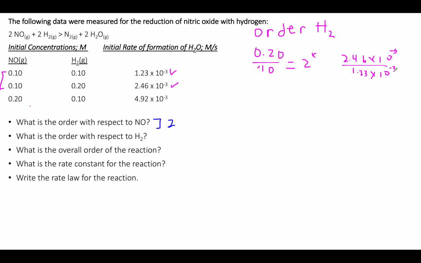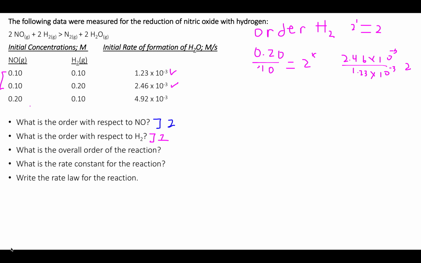That way, I'm doing the same thing like I did with the nitric oxide. I'm determining the order with respect to hydrogen. So when I do that division, I get 2. Okay, well 2 to what power is going to give me 2? 2 to the first power will give me 2. So the order with respect to hydrogen gas is 1.